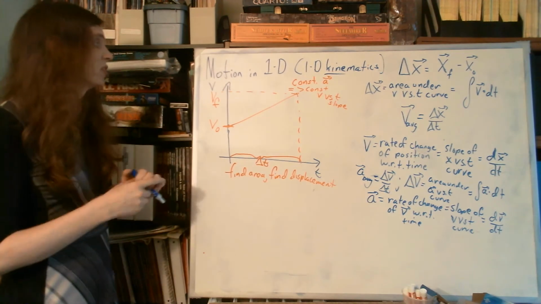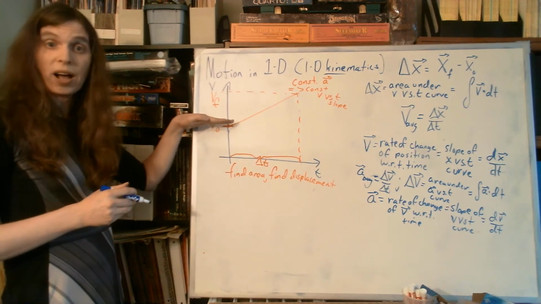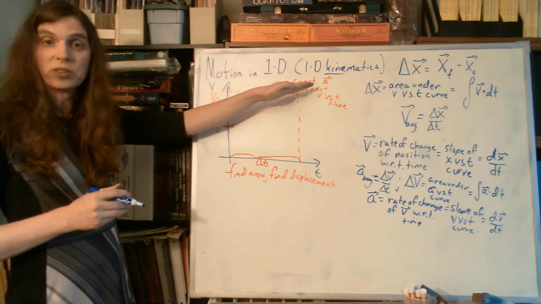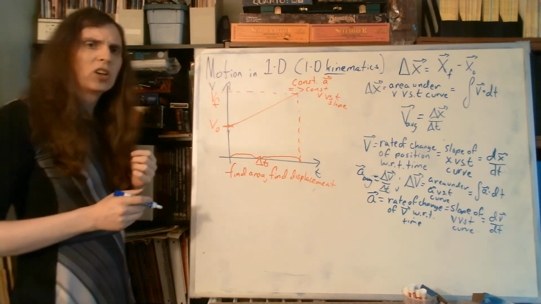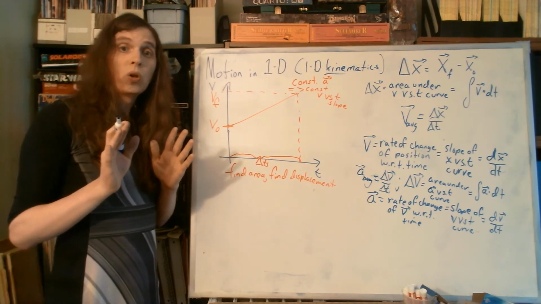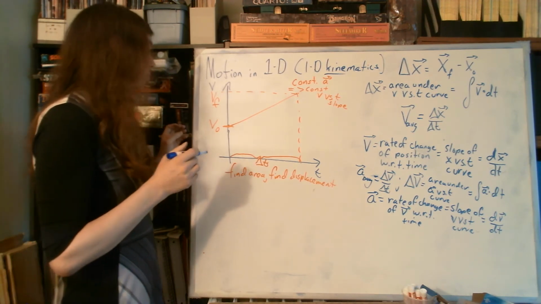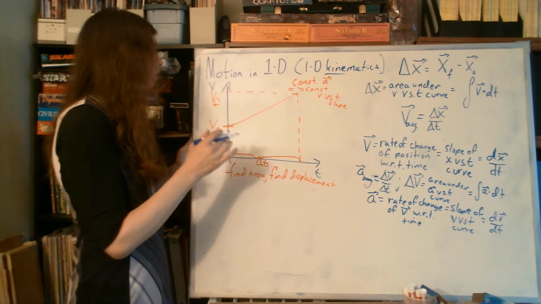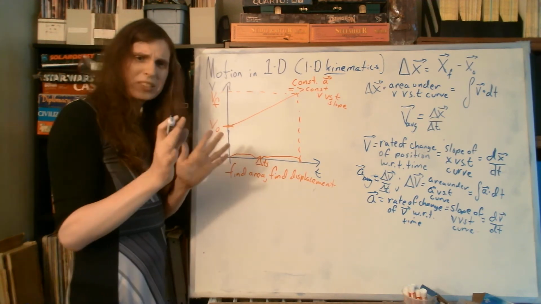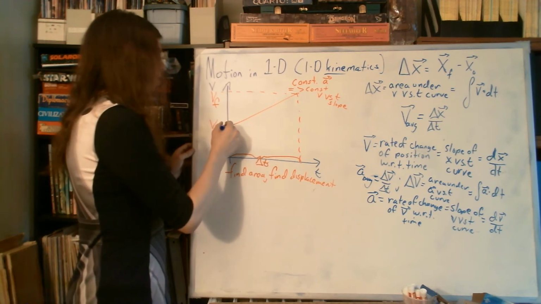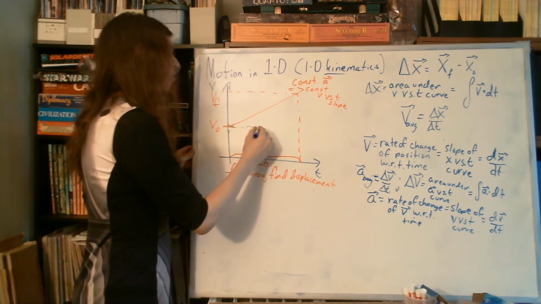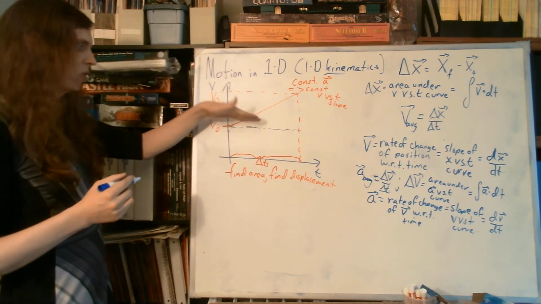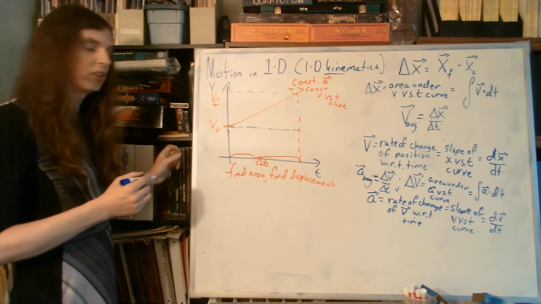In this instance, our velocity is starting at some positive value and it's steadily getting faster and faster, larger and larger. If it wasn't getting faster and faster, then the distance it traveled would just be however much area was under this rectangle.